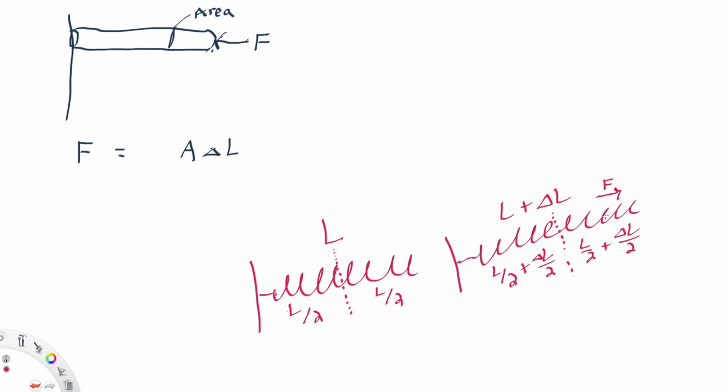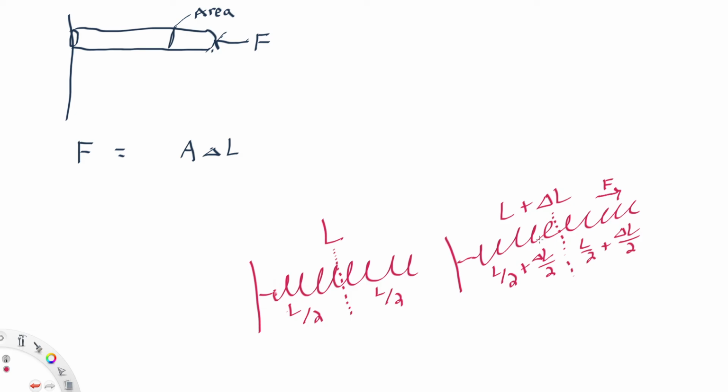Then the front half would pull on the back half and stretch it harder than the back half would pull on the front half. So the front half would then contract, and the back half would stretch, and this would happen until they were both under the same amount of tension.